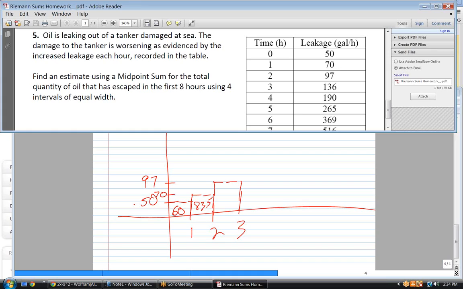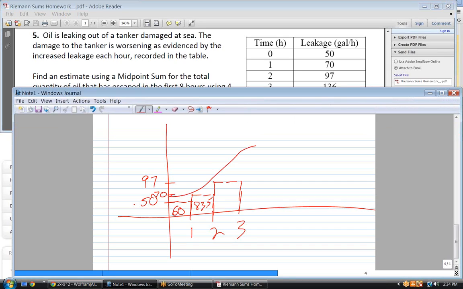It's leaking 50 gallons per hour at the start, but it increases as time goes by. By the 6th hour, we're leaking a huge amount, 369 gallons per hour. So when you want the total amount of oil that has escaped, you add up the area under that curve. And in this case, we're going to approximate it with mid-ram rectangles.